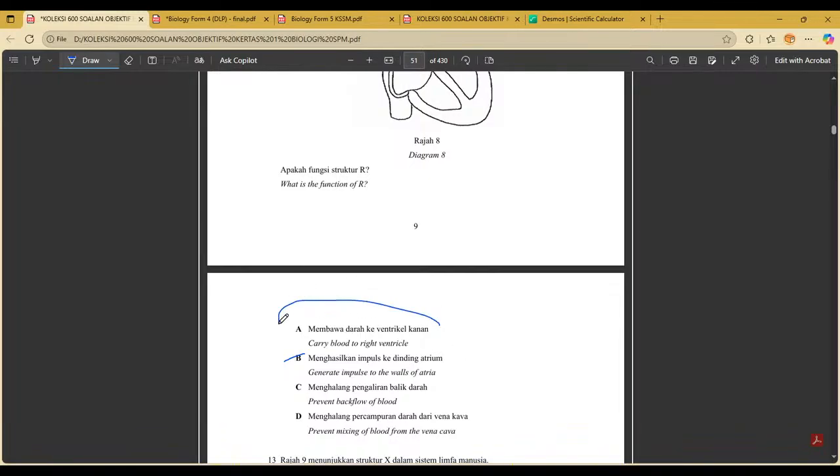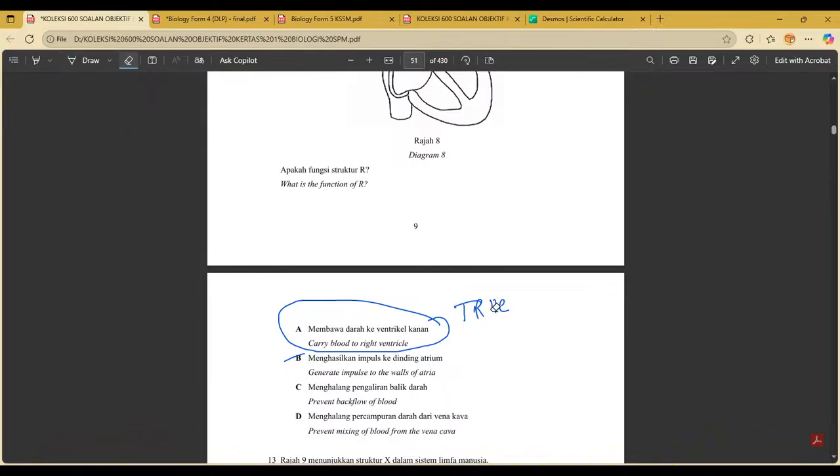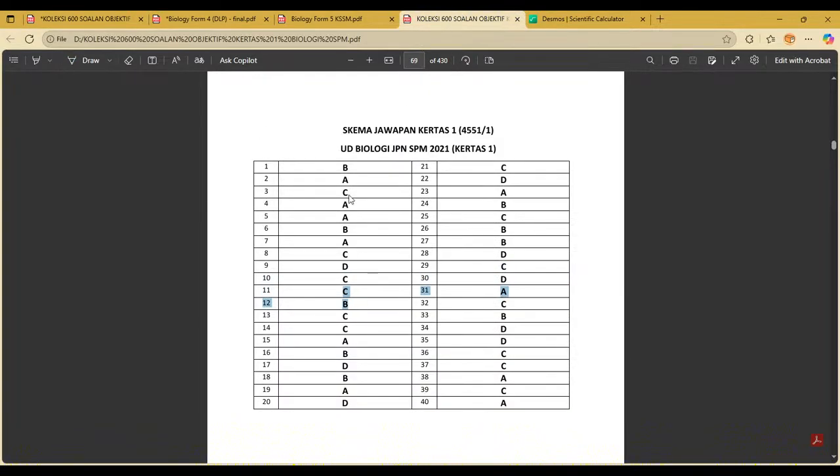So it's gonna trick students into answering this one. This is why you read a question in full. 12B.